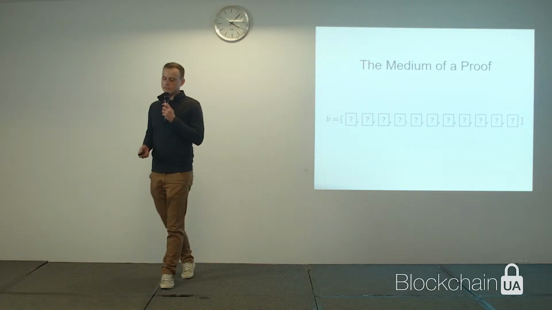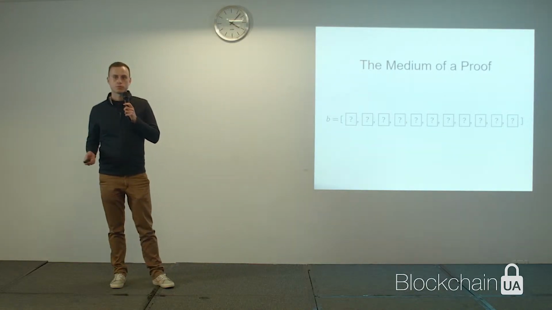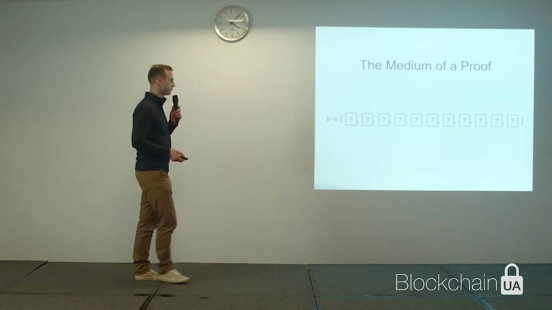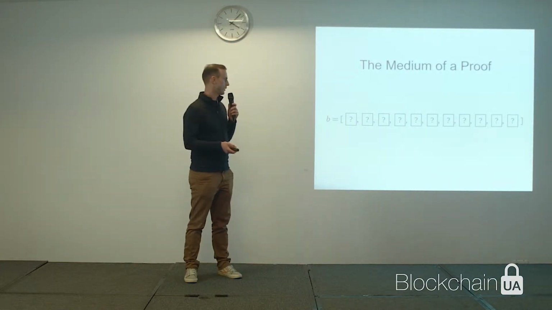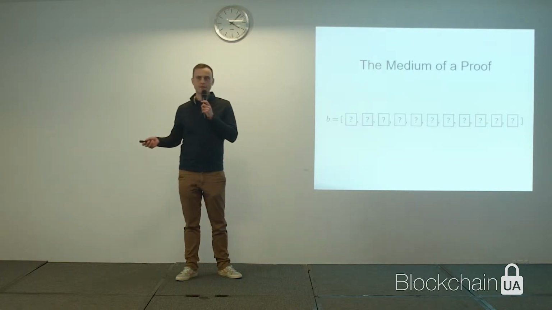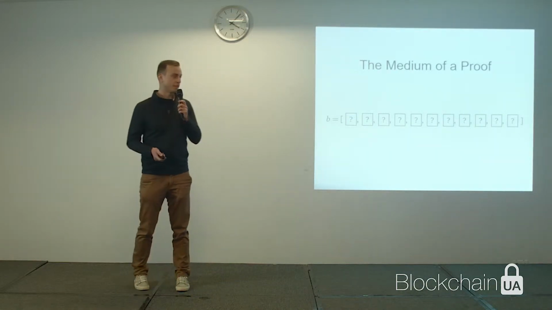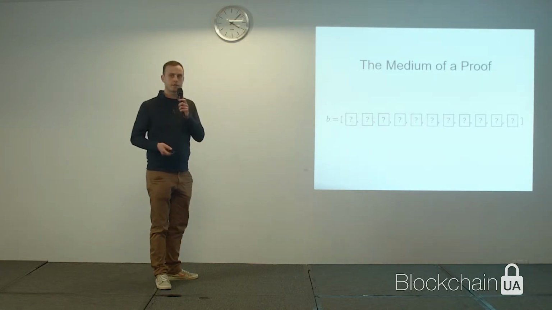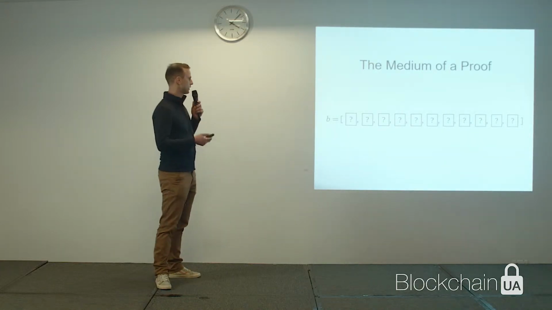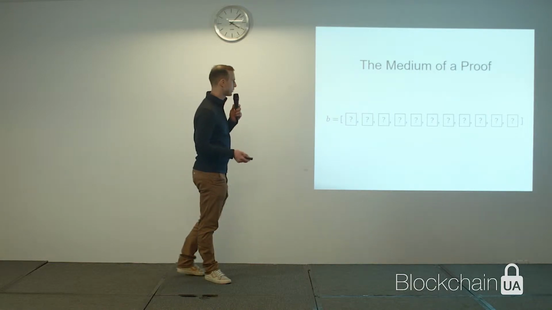Okay. So what's the main idea of the proof for zkSNARK? Imagine an example where you have an array of numbers and you want to verify that all the numbers in this array are equal to 1. How can you proceed?